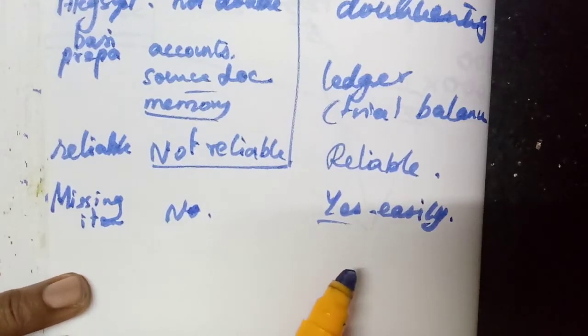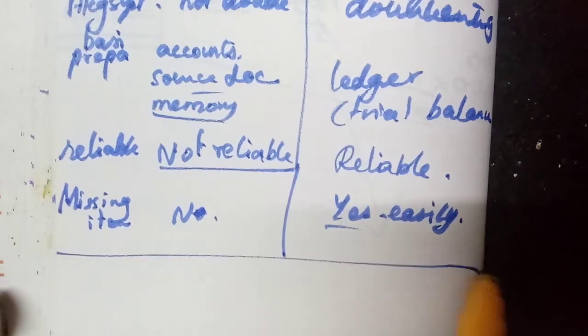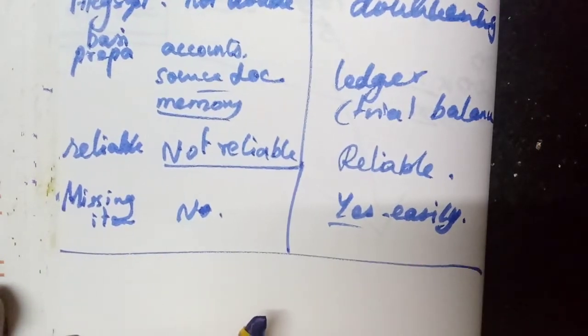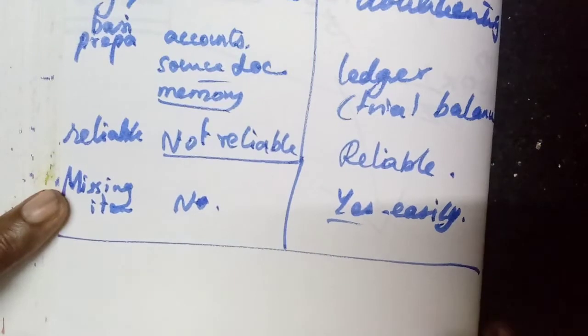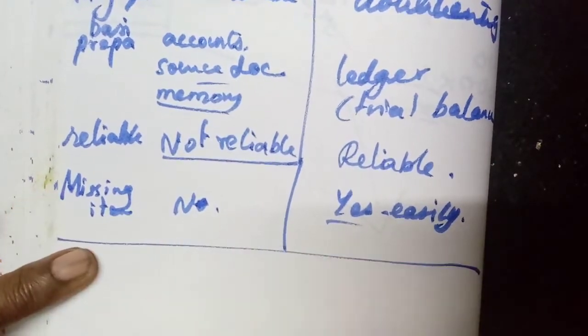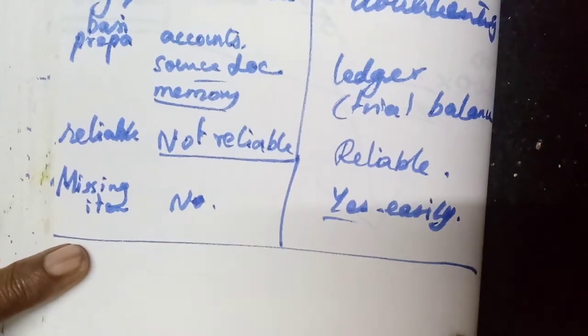If the trial balance does not tally, we can assume there are some errors. So we can locate them from the beginning by checking the original documents or the trial balance total itself. So any omissions or errors that we have committed can be traced easily.